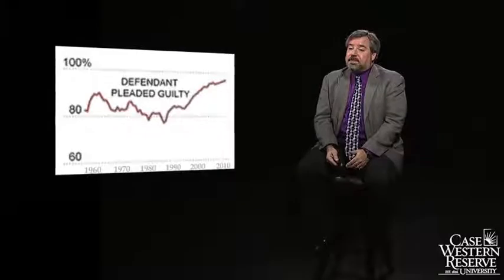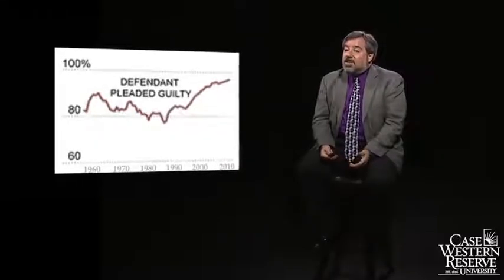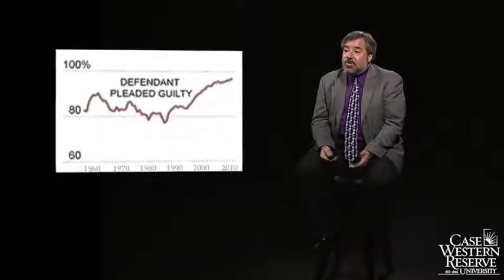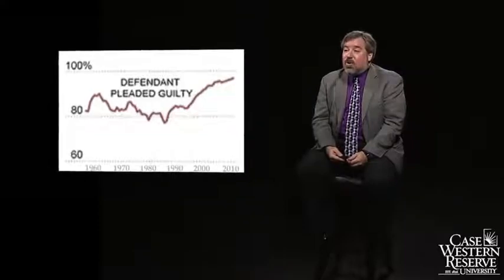Secondly, the number of people in the United States who are subject to plea bargaining is now over 95%. Most people don't know that in the U.S., criminal trials are a rarity. Almost all the cases are decided by plea bargaining.